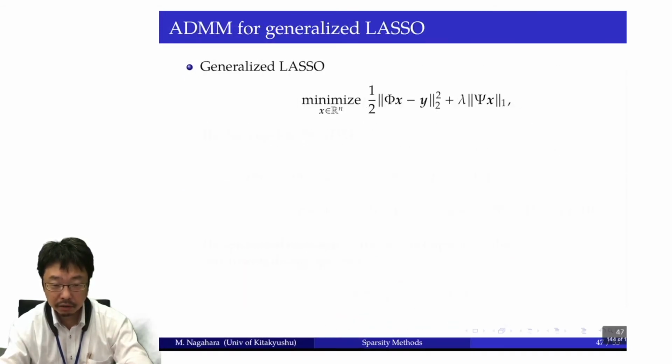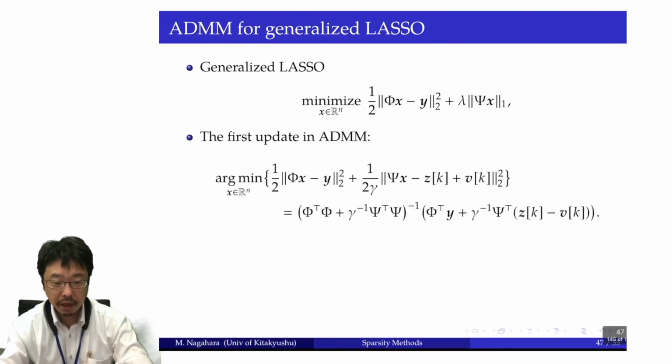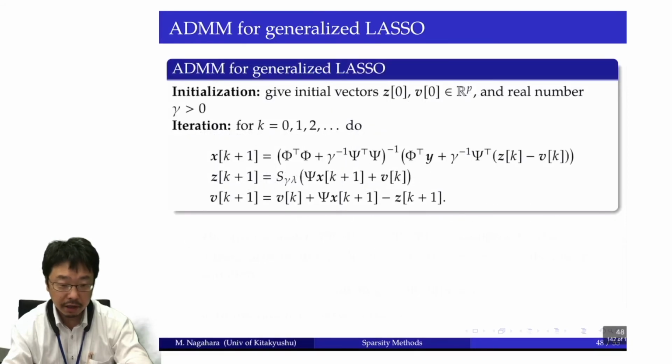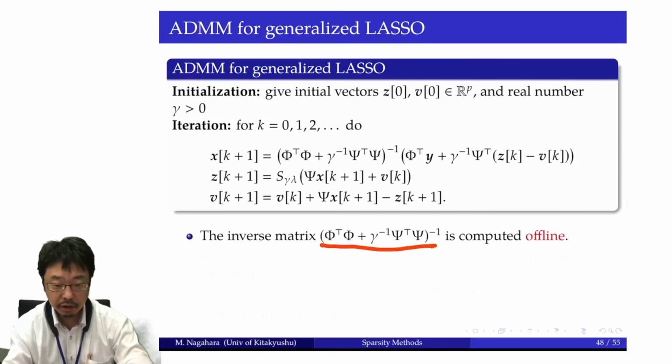Now let's get back to the generalized LASSO given by this. The first update in ADMM is given by this. The proximal operator in the second update is the soft thresholding operator. Finally, we obtain the ADMM algorithm for generalized LASSO. In this algorithm, the inverse matrix of this is computed offline.